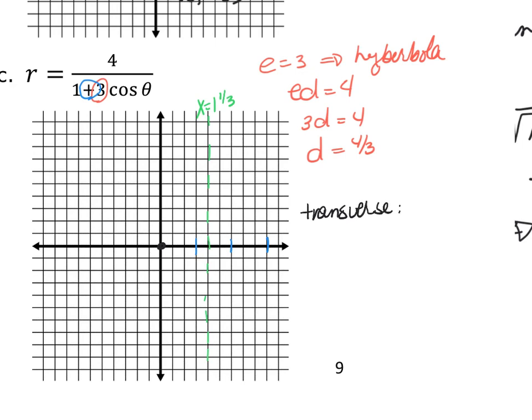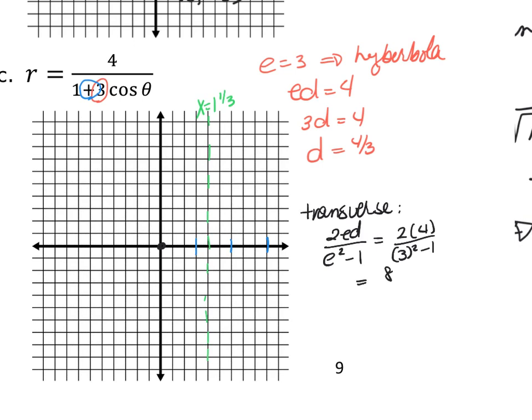I go back to Theorem 11.12, and the length of my transverse axis is 2ED over E squared minus 1. So 2 times 4, ED is in the numerator, and then E was 3, squared, minus 1.